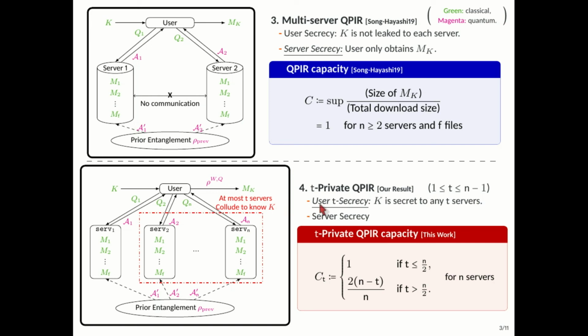So in this problem, the user's secrecy changes as any collection of T queries is independent of K, and it means that even if any T servers collude, they cannot know the K. And we also consider the server secrecy defined above. And considering these two secrecies, we derive the QPIR capacity is this value. And it means that the remarkable result of the capacity 1 still applies if less than half of servers collude, and it decreases as more servers collude.